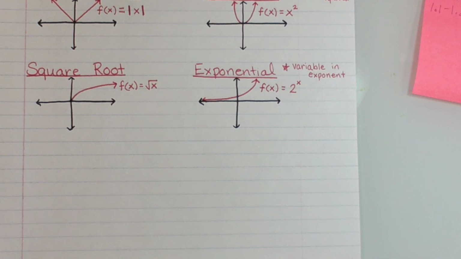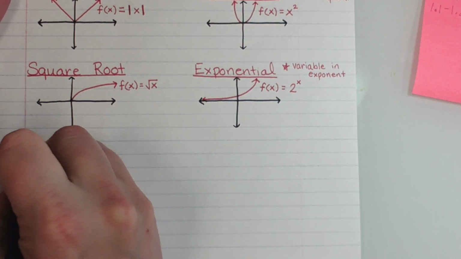Now, with these various families, today we're going to be focusing in on the transformations with them. That changing of size, position, and orientation. Now, there are 3 different types of transformations that you can do to graphs.